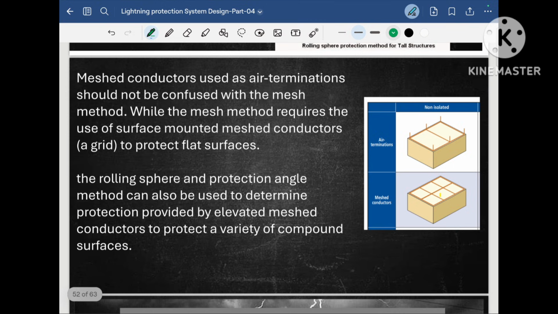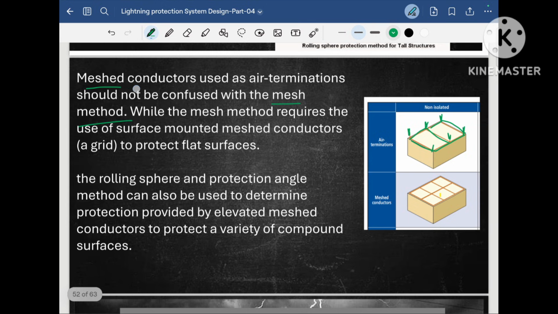Here I want to highlight one important point, which is a misconception among designers. As per the rolling sphere method, we determine the position of the air terminal, and these air terminals must be looped with each other. Here you have seen we looped all air terminals with each other. This looping is not a mesh method.